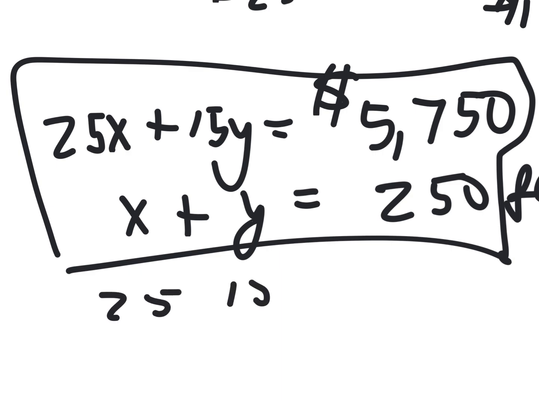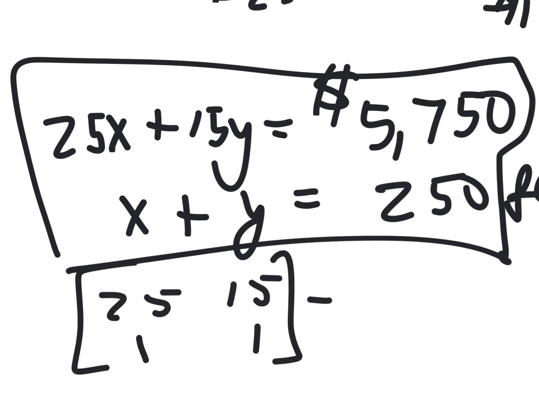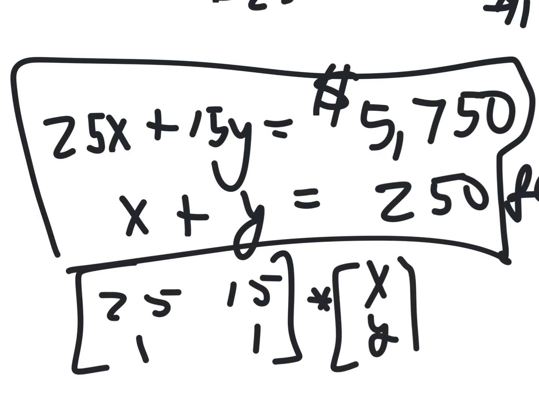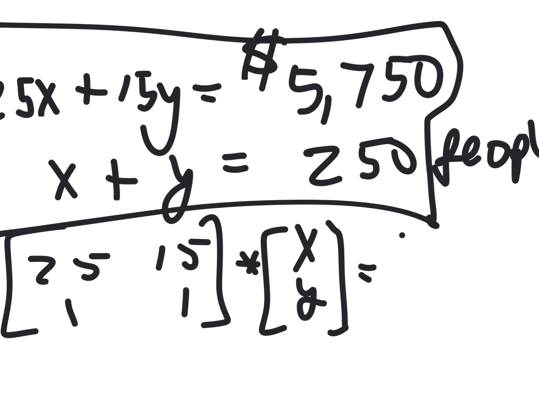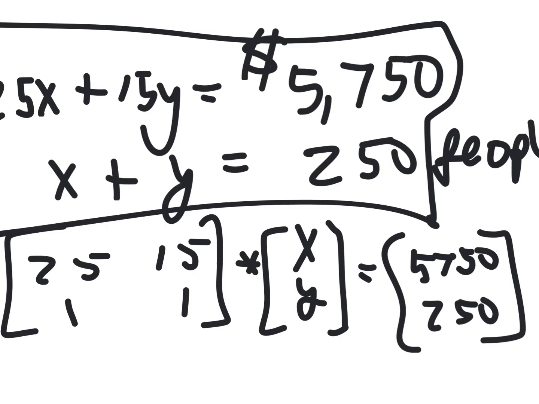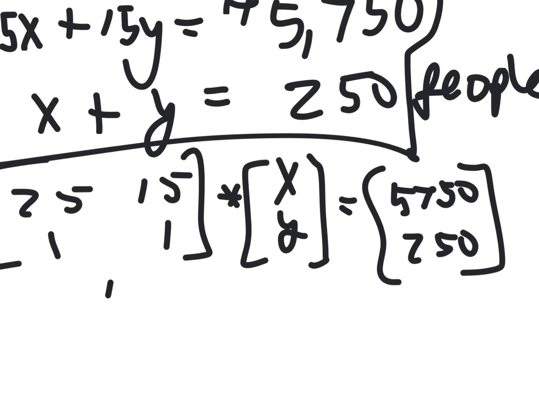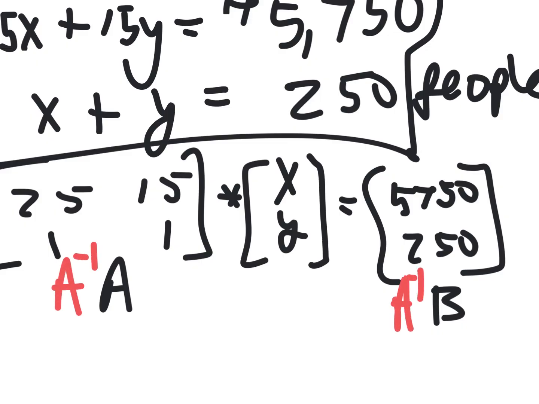25, 15, 1, 1, in brackets. If you don't have brackets, I mark it wrong because it's not a matrix. X, Y in brackets. And then the last one, 5750 and 250, in brackets. Okay, so then this is matrix A, this is matrix B. This is an important part. Why are we doing inverse A on both sides?